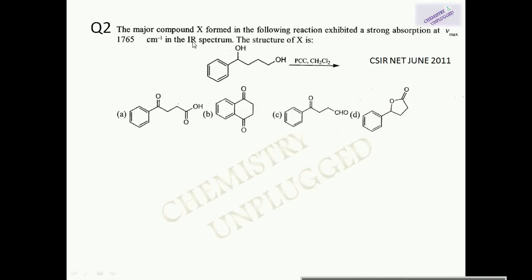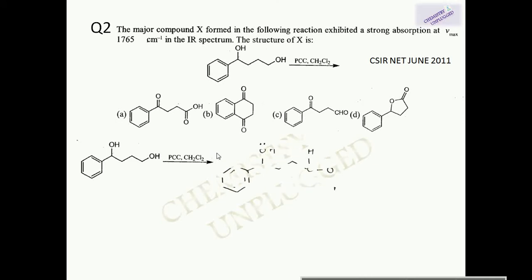Second question is, we have to identify the product of the reaction, and it shows strong absorption at 1765 centimeter inverse in IR spectrum. So in the first step, we will react it with PCC in DCM. PCC is pyridinium chlorochromate, and it will convert primary alcohol into aldehyde.